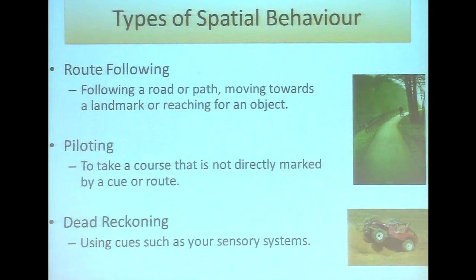You're just bundu-bashing, in a sense. And then dead reckoning is quite a complicated thing that you need to go and look up and understand in Kolb and Whishaw. They talk about animals that use dead reckoning to understand where they are and how to get back to where they belong. And the cues that you use are cues from your sensory system. And just go and read up on that.